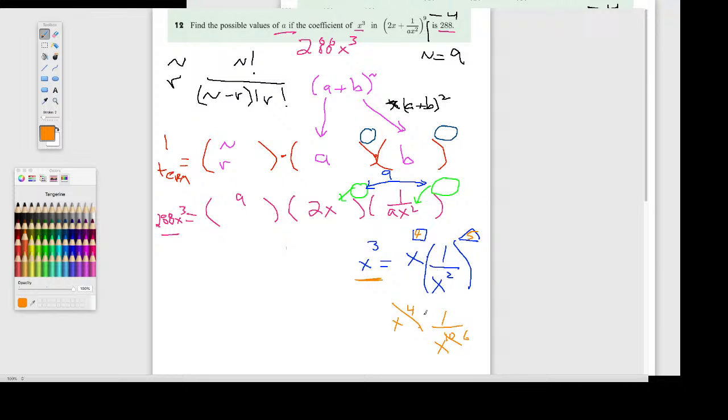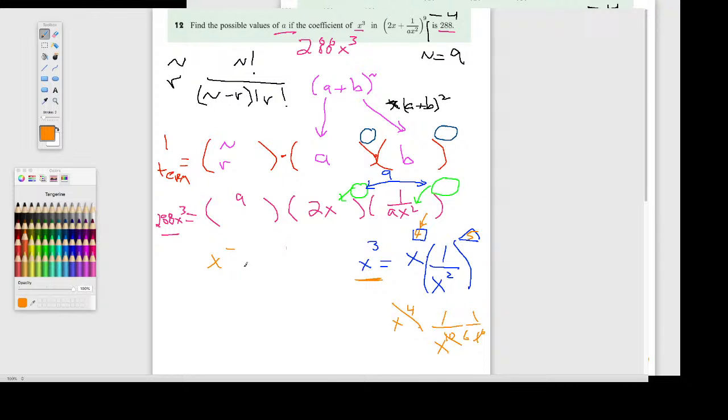So we have to pick different numbers other than 4 and 5, so that when they cancel, I get x cubed. And currently I get 1 over x to the 6th. So that would mean that this side here has to increase significantly, right? We need x's in the top. We need x cubed, okay? So let's try this again.